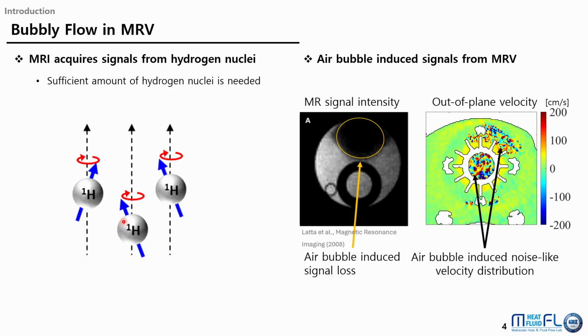So regions with very few hydrogen atoms, such as air bubbles, produce little or no signal. As a result, we see signal loss in the MR magnitude images, and in the velocity data, these regions often appear as noise-like random velocity distributions.